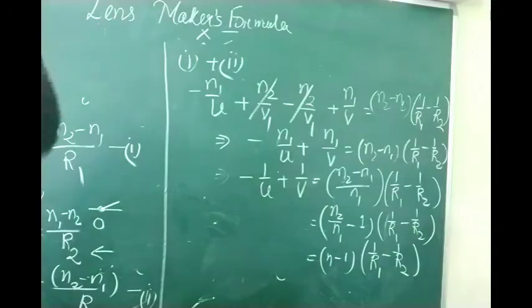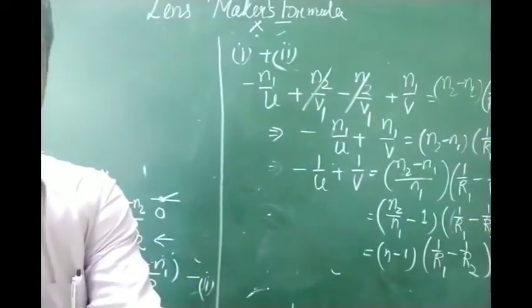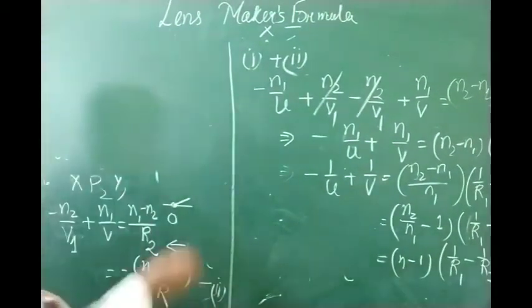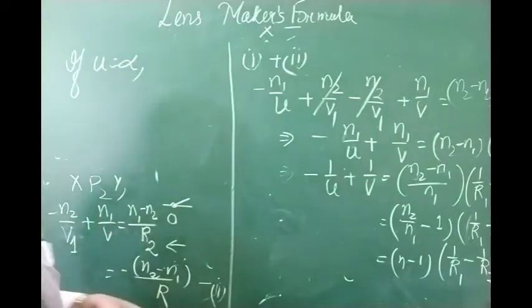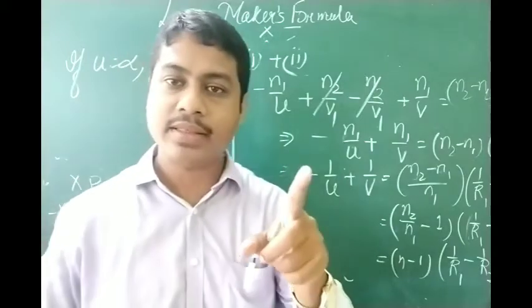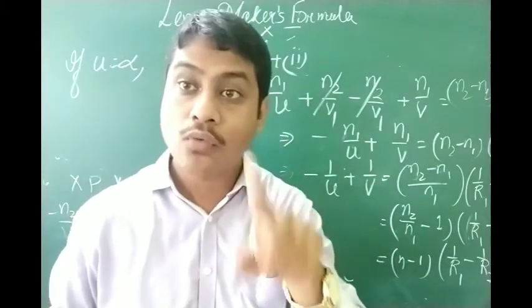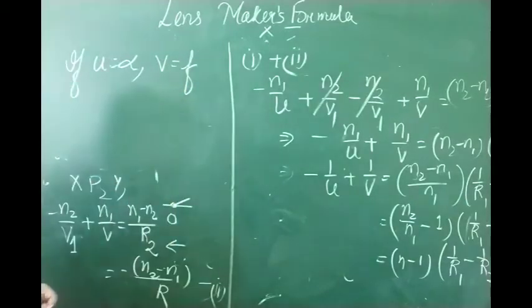Next, if I take the object distance as infinity, as we know in a convex lens, if the object distance u is infinity, the image forms at the focus. So v will be equal to the focal length.